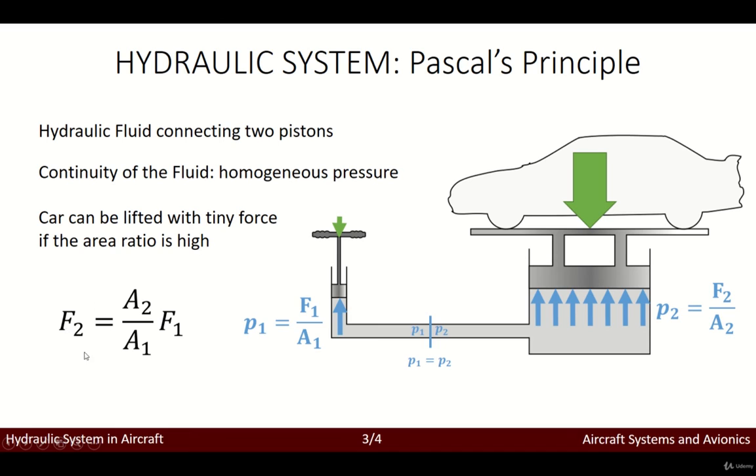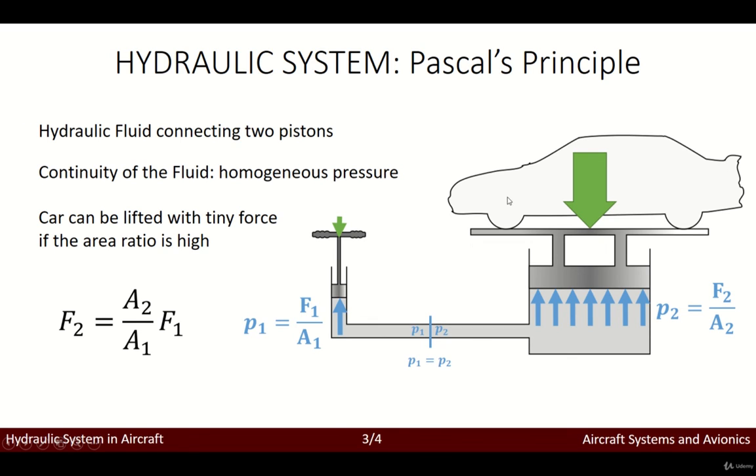So as you can see, imagine the car weighs, let's assume 1,000 kilograms, okay? And the force that we apply is 1 kilogram. Then by simply deriving the ratio between areas, if this is 1 square centimeter, okay, we would actually need 1,000 square centimeters over here to provide 1 kilogram of force over here, and be able to lift a car which is 1000 kilograms over here.